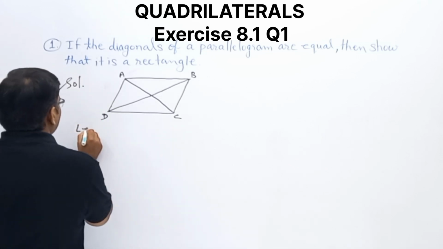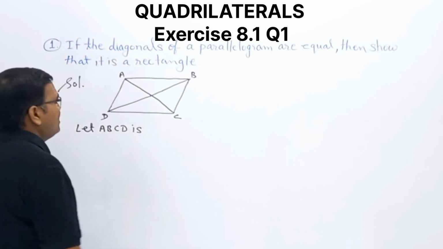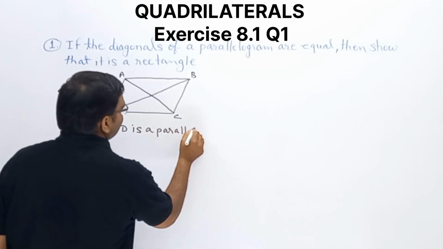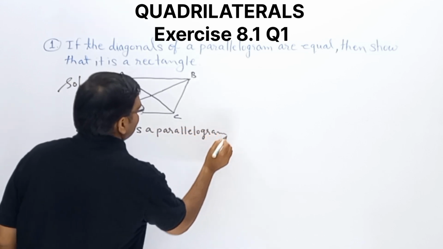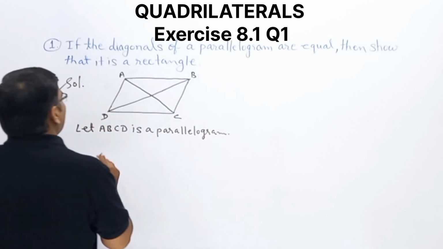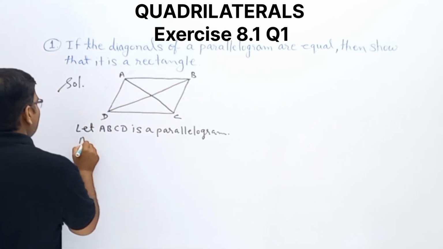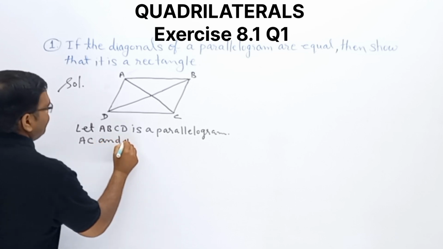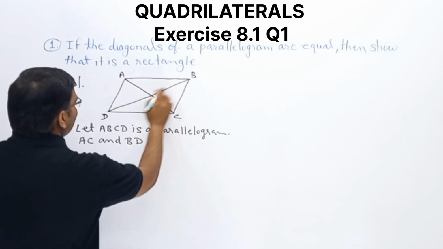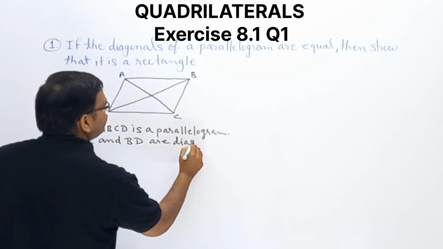Let ABCD be a parallelogram. AC and BD are diagonals.